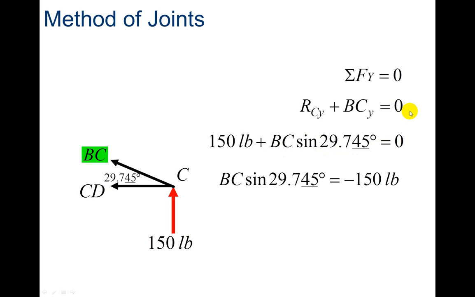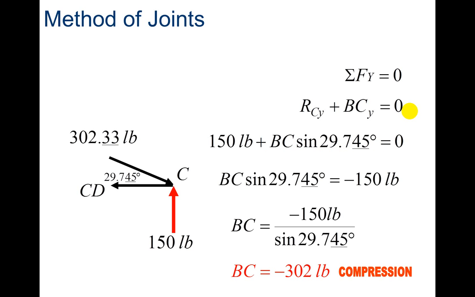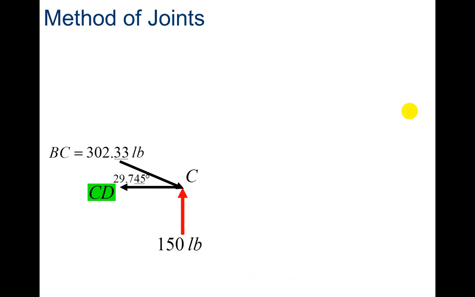Now I'm going to solve for BC. Finding that BC is a negative 302 pounds. Negative tells me it's under compression. Got to change my arrow. Okay, so now we're ready to do the sum of all the forces in the X equaling 0. In X, I've got CD. It's going to the left, so that's why it's negative there. And then I have BC in the X direction.